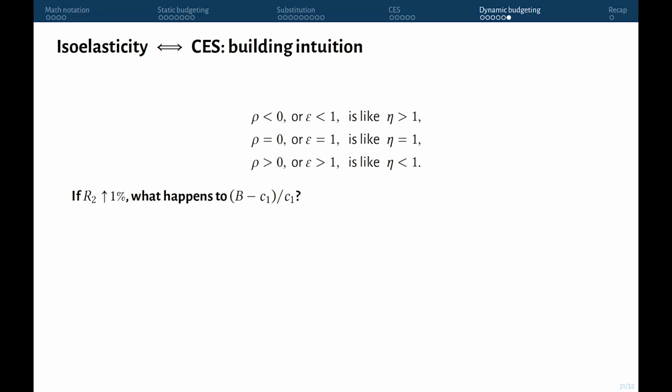What happens to that ratio? You're not getting any future income, or you've already borrowed against it. B is your budget. Well, and by how much?